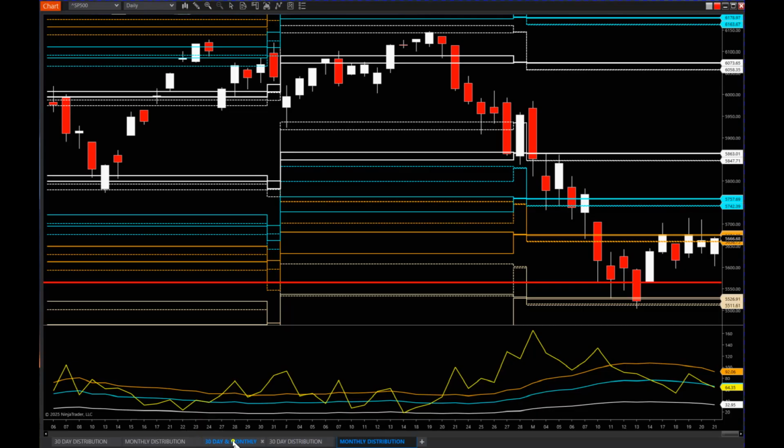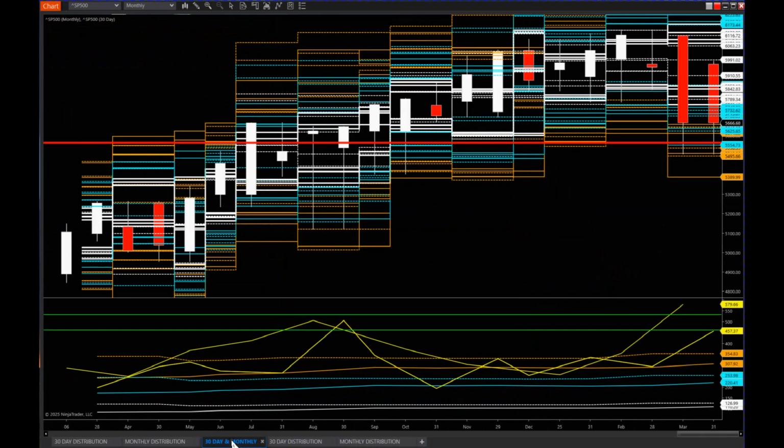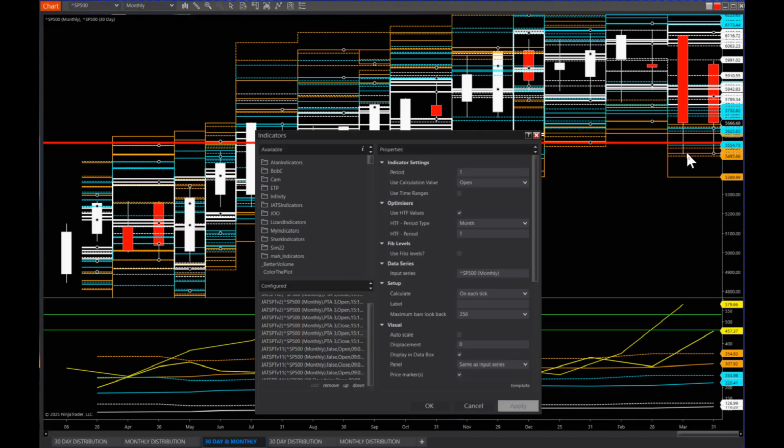When we run the 30-day and monthly distribution all on the same chart, you see that's how we got to the bottom of the monthly one R vol level right here, both of them, monthly one R vol.